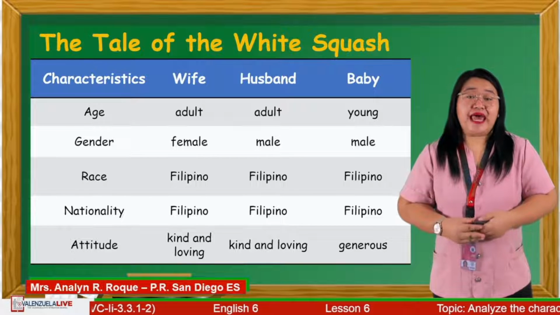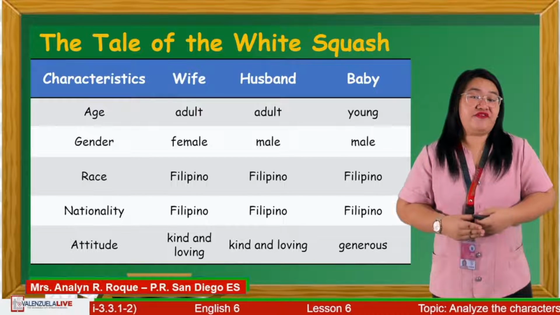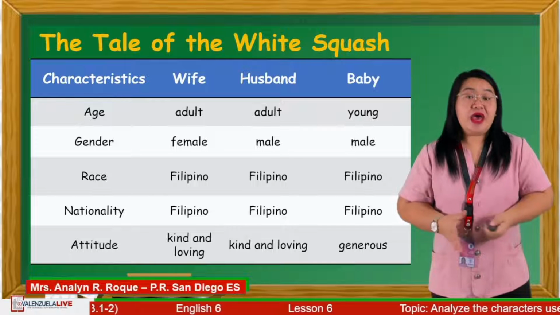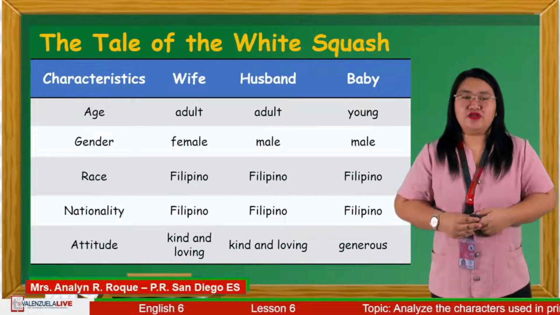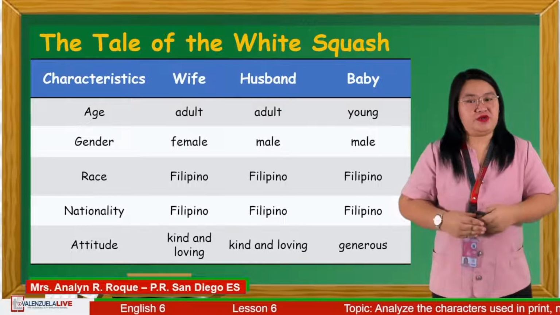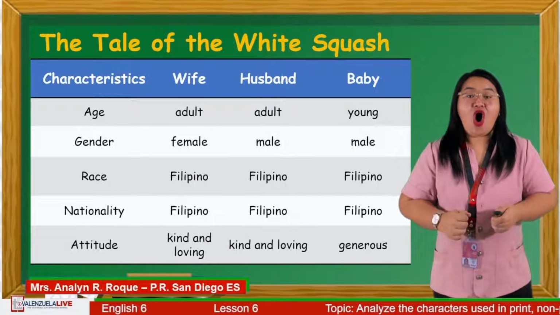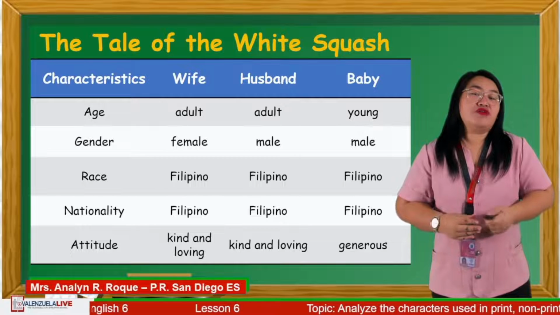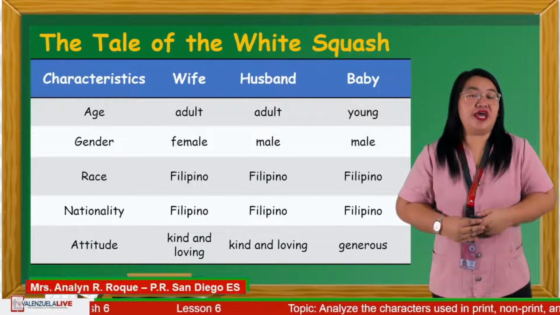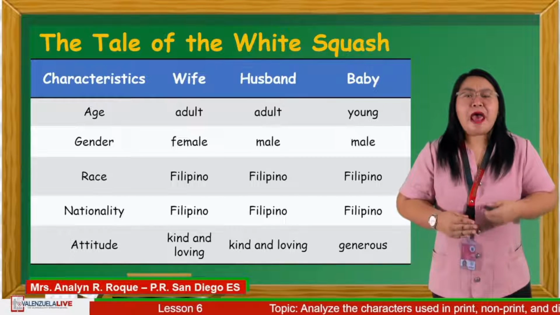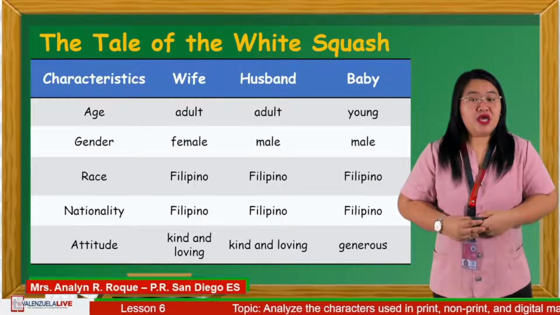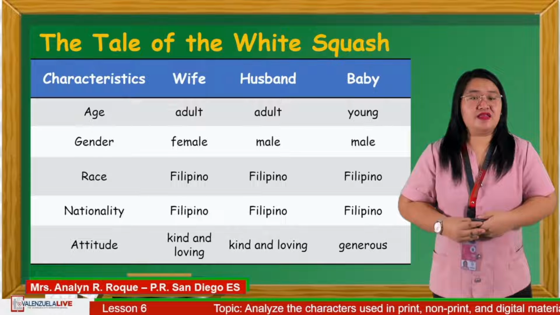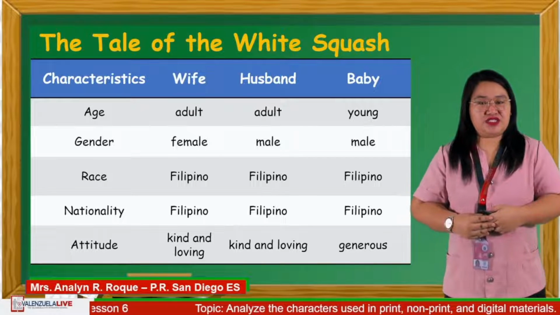The race and nationality were not given explicitly in the story, but since this is an Ilocano folk tale, we can consider them to be Filipinos. Lastly, on their attitude, both the wife and husband were kind and loving at first, but they became greedy when they knew about the gold. The baby, on the other hand, is generous.